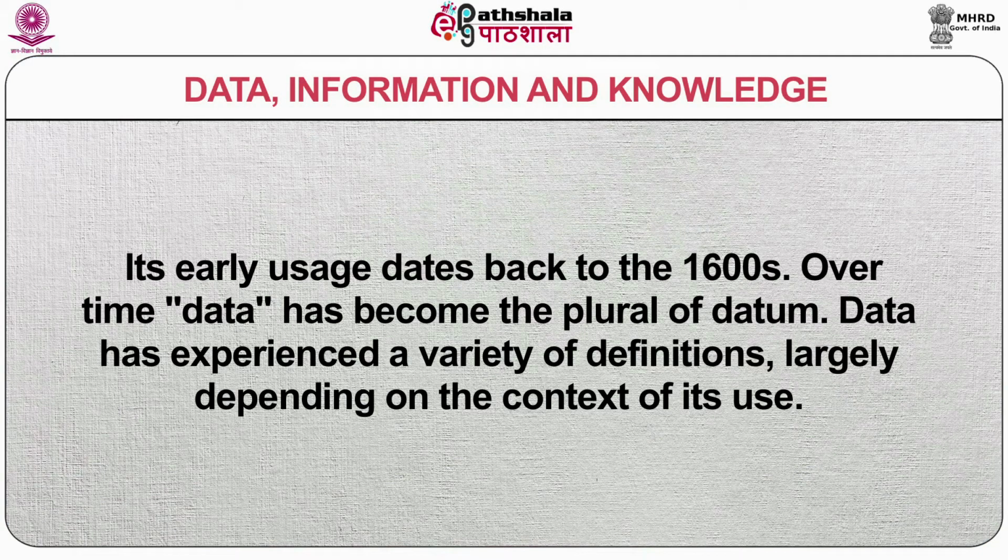If you talk about the history of data, it comes from a Latin word datum, which originally meant something given. Its early usage goes back to the 16th century. Over time, data has become the plural of datum. Data has experienced a variety of definitions, largely depending upon the context of its use.